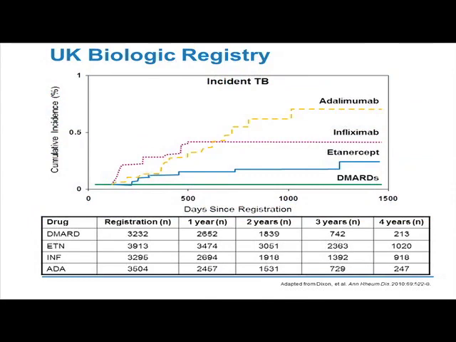This graph really tells us several things. One, it shows the incidence of TB after starting these 3 different biologics. And the important thing is that after starting infliximab and adalimumab, you have a kind of rapid upsurge and then it tapers off. With etanercept, there are cases that are reported, but they're equally distributed over time.